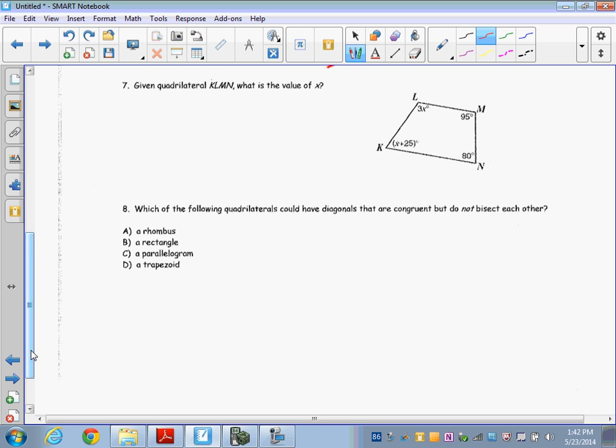For number 7, you need to remember the sum of angles in a quadrilateral is 360. If you don't remember that, you can use this n minus 2 times 180 formula. N is the number of sides. So I need to add up everything.